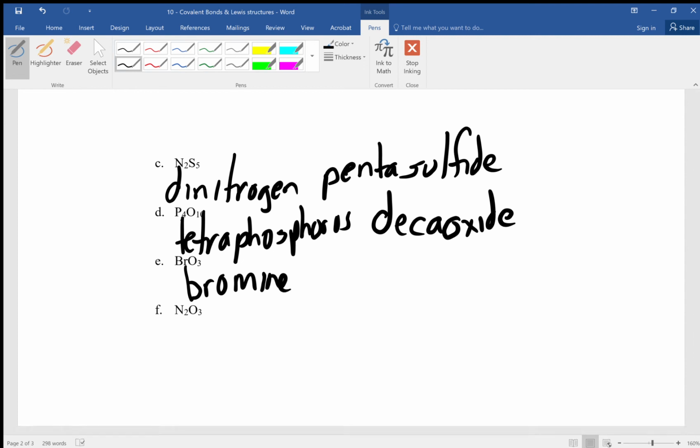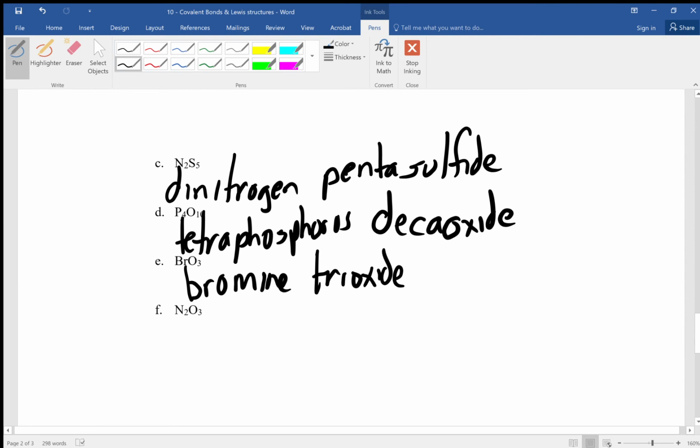Also, just as a note, and this is a very common error, compound names, element names are not proper nouns, so they should never be capitalized. So make sure you know these prefixes.